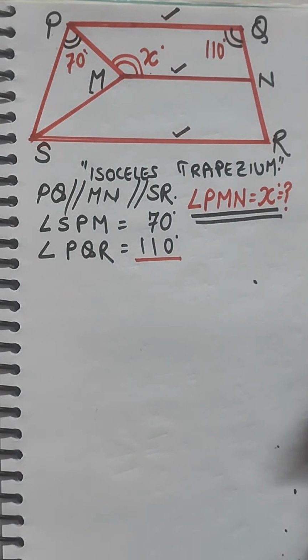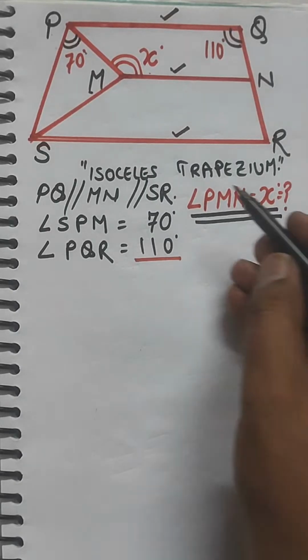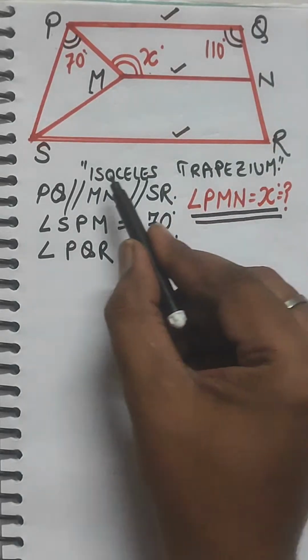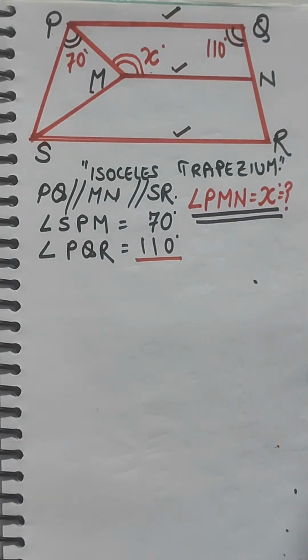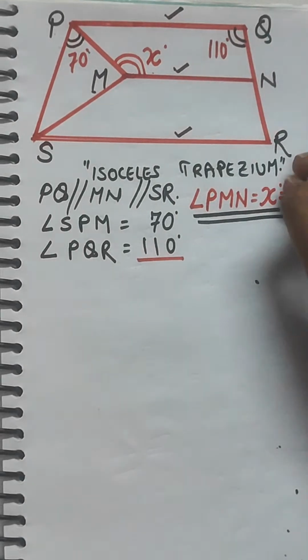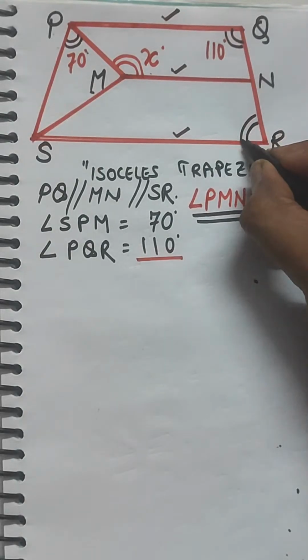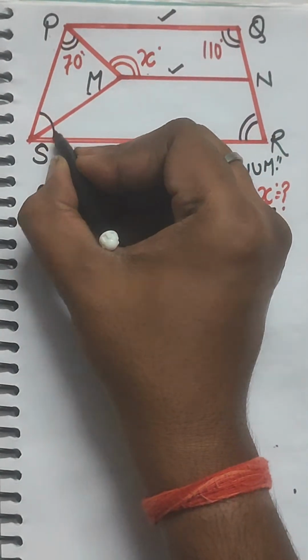So students, you can see it's given the isosceles trapezium. So being an isosceles trapezium, we can say that the angles which will be in the base will be same.